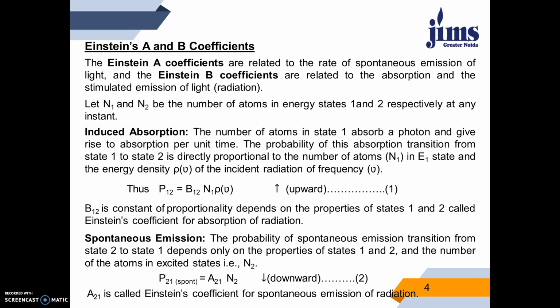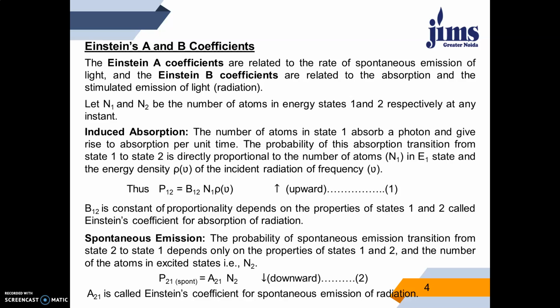There is no need of any energy density of radiation to initiate this process. This spontaneous emission transition takes place automatically. So therefore, the probability of this transition depends only on the number of atoms in excited state, that is N2.